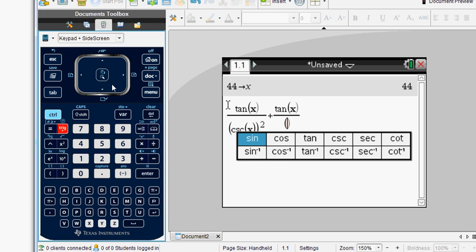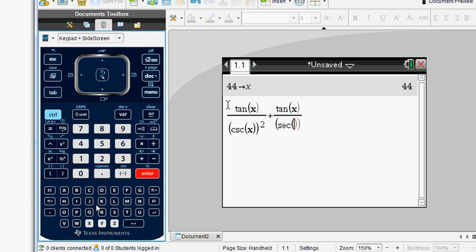We go to trig and go over to secant, and we're going to put x here, and square on the outside. So again, that's a distinction. Instead of the square between the CSC and the x, we have the square on the outside, which is what it truly is.